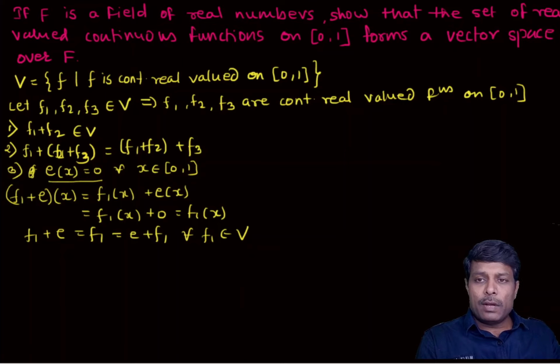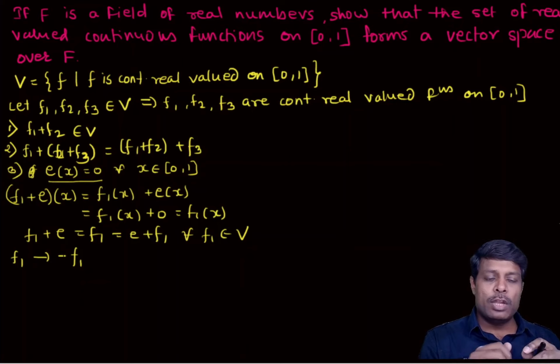Similarly, if f1 is a continuous real valued function, then minus f1 is also a continuous real valued function, because the multiplication of minus 1 with any continuous function will not affect the continuity of that function.